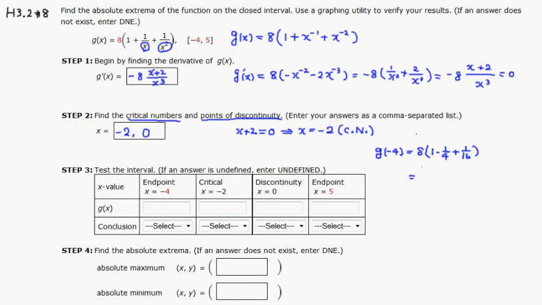I'm going to simplify 8 times, with common denominator 16.